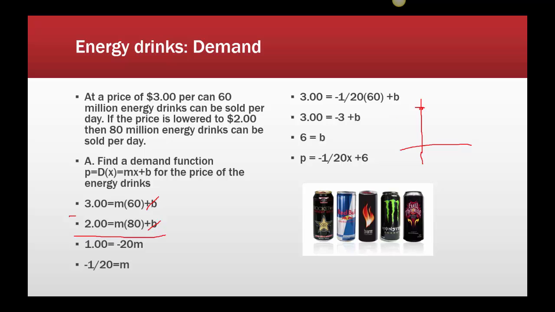So you can see it has a negative slope. So this is not going to be accurate, this little drawing I'm just going to do, but I can see it's doing something, right? So if I decrease the price, so this is P on the y-axis, this is X on the x-axis, which is good. As the price goes down, the demand goes up. That's a normal situation, is that when price decreases, demand increases in that negative slope. So I want you to think about that.